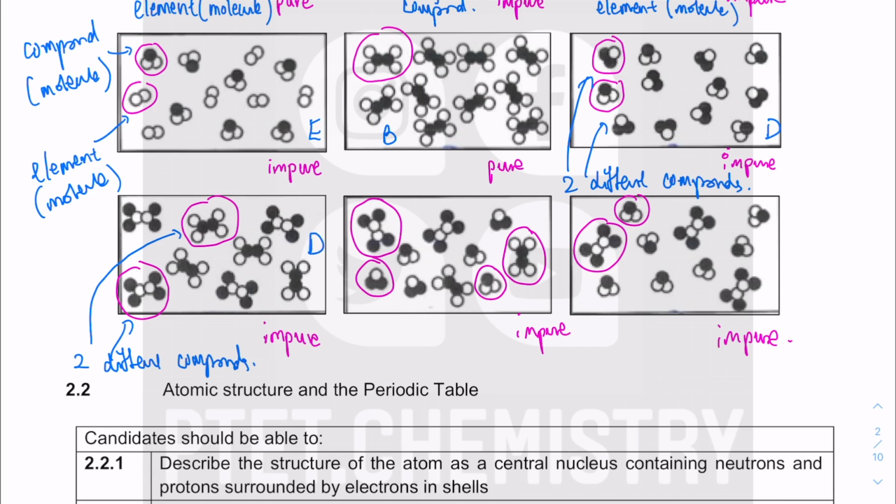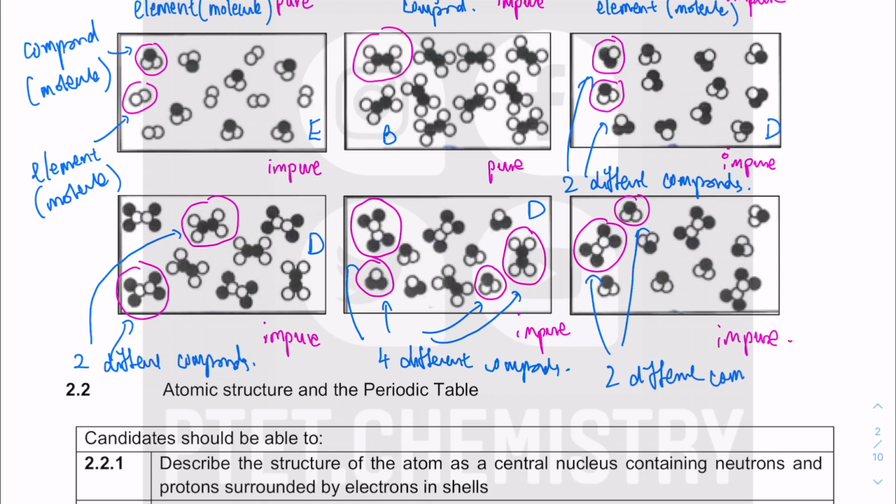Each of these is four different compounds, so again it's a mixture of compounds, and this is two different compounds, so this is again a mixture of compounds. When you see that it's impure, you know it's a mixture. Impure substances must be a mixture, but the question is, is it a mixture of elements, mixture of compounds, or mixture of elements and compounds?